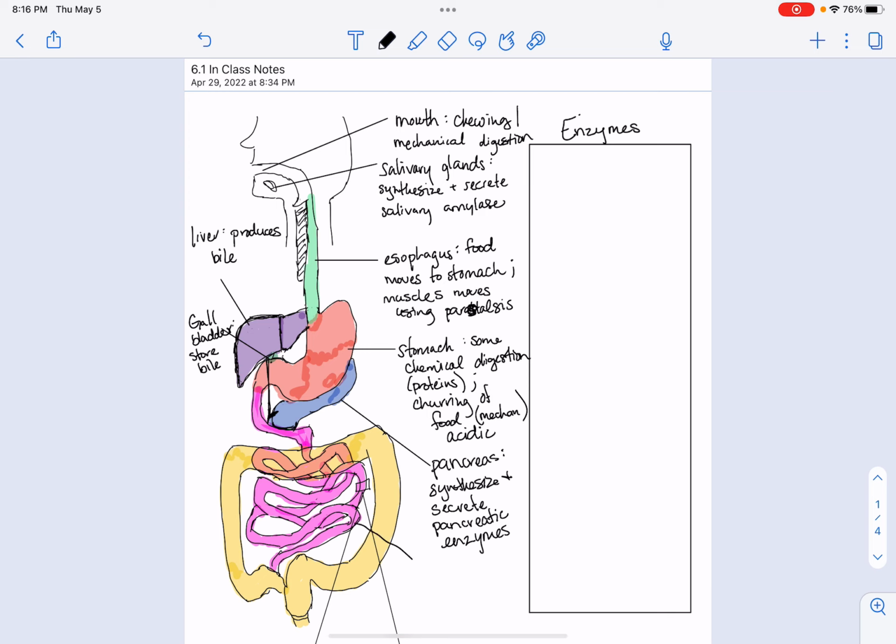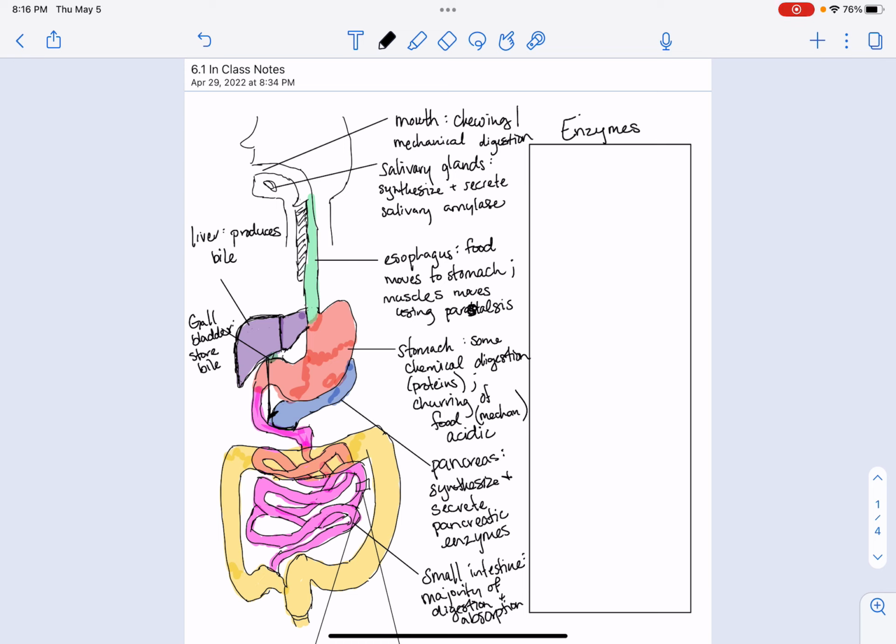because the small intestine, this pink individual, is where the majority of digestion and absorption happens. And let's be clear, digestion and absorption are not the same thing, friends.